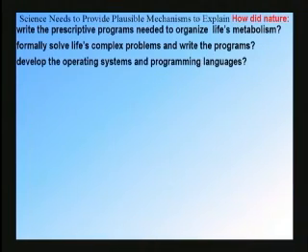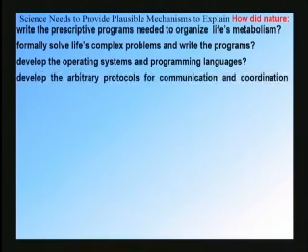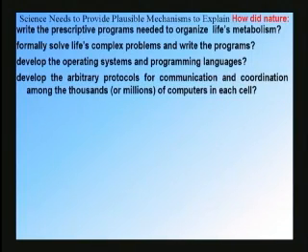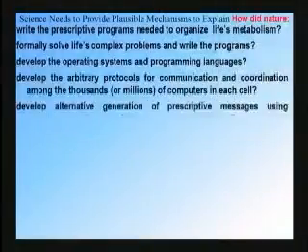How did nature develop operating systems and programming languages in which to implement those programs? How did nature develop the arbitrary protocols for communication and coordination among the thousands or millions of computers in each cell? They all communicate digitally with one another, and they coordinate. How did nature do that?